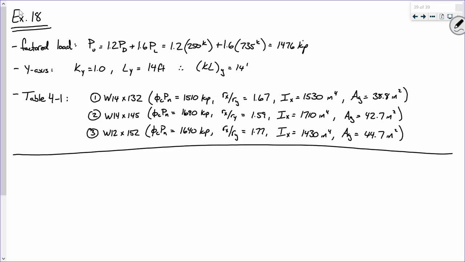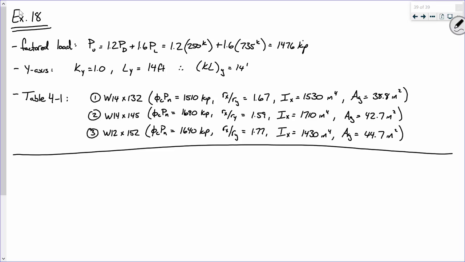Section 1's the lightest, section 2, and then section 3 out of these 3 is the heaviest, right? What that means is once we check a strong axis section and find that it works, what do we do? We stop. We're done, right? Well, we stop for our design. We should still go back and check that capacity using section E3 or table 4-22 or something like that. But you are correct that we stop with our design.